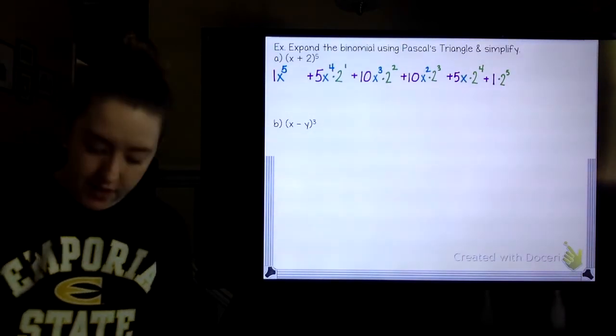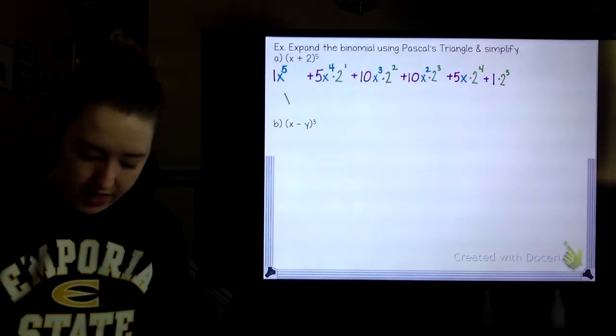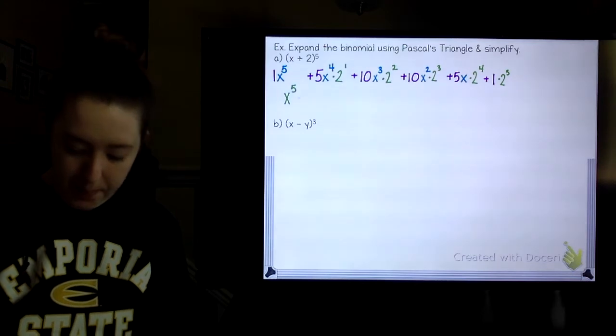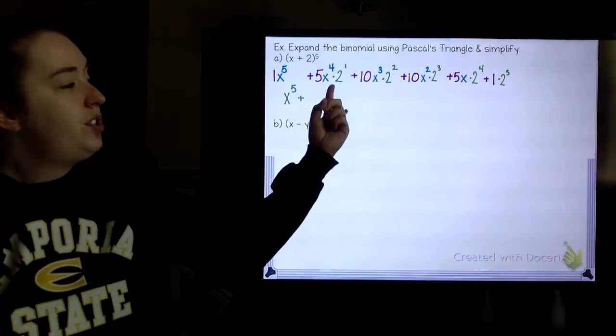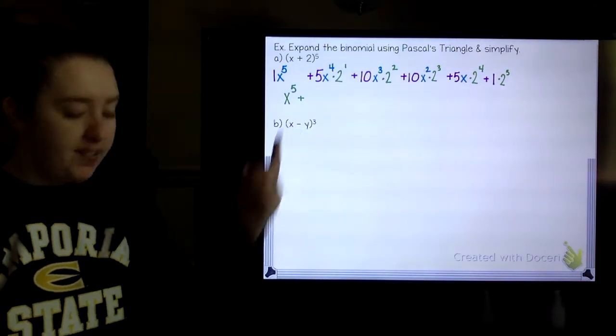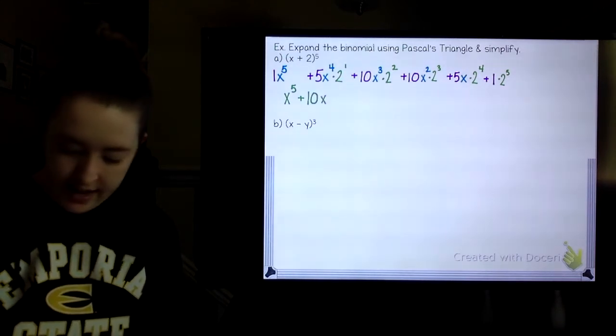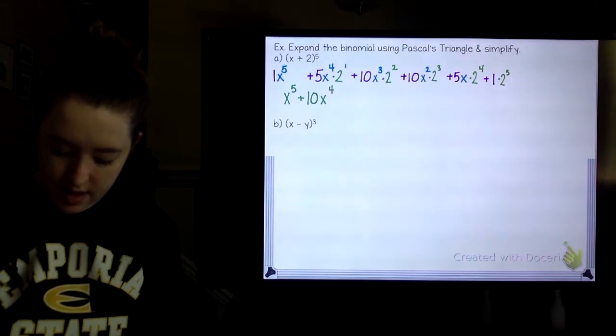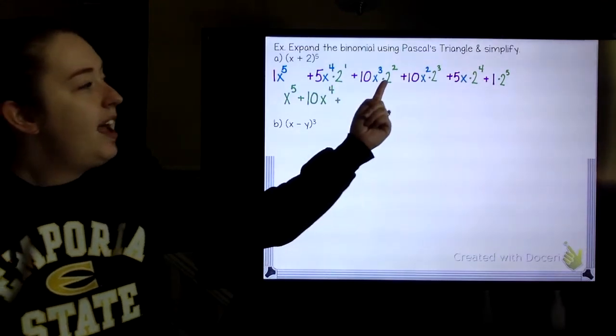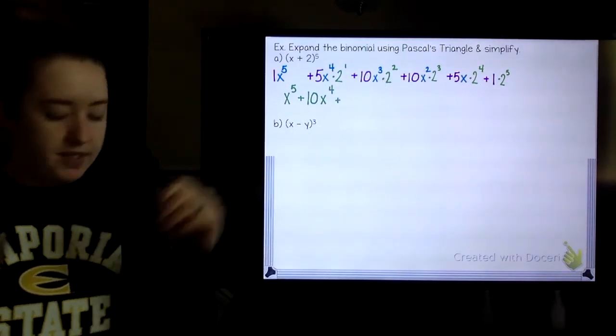1 times x to the 5th is just x to the 5th. Plus 2 to the 1st is 2. 2 times 5 is 10. And then I had an x to the 4th. Plus x squared is 4 times 10 is 40.